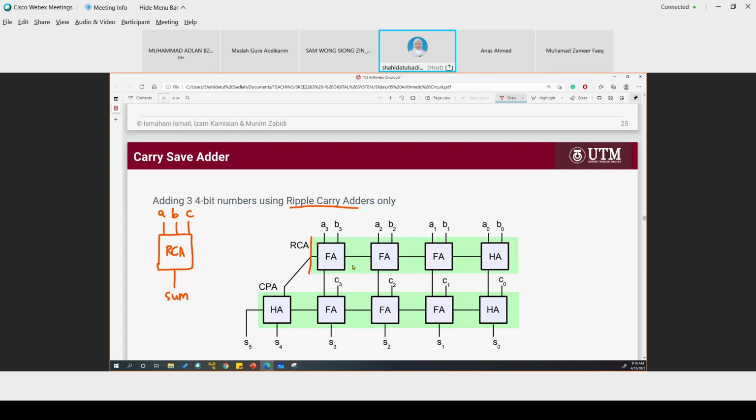So our ripple carry adder here does not have the C, which will be added together later in the CPA. So this is the ripple carry adder.